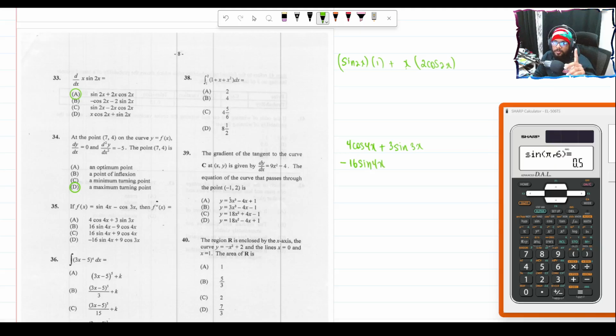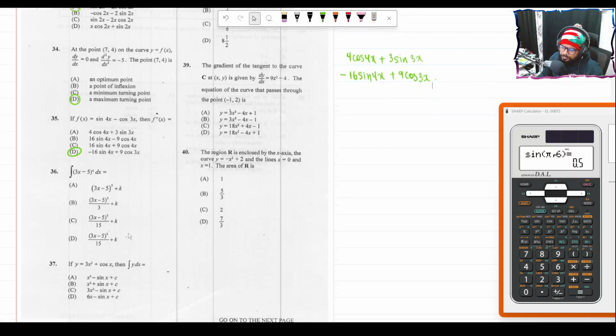Remember what I told you all before: look at your answers before you go and calculate. The only one with negative 16 sine 4x is D. So I'm gravitating towards D being my answer. And remember, just make sure: when I differentiate sine, I get cosine. So it's going to be plus 9 cosine 3x.